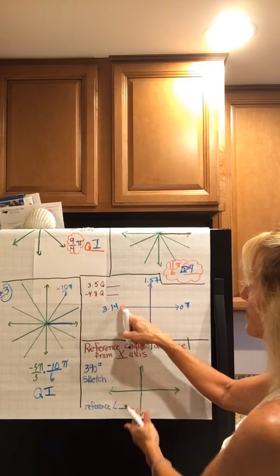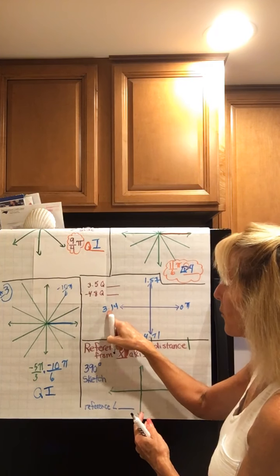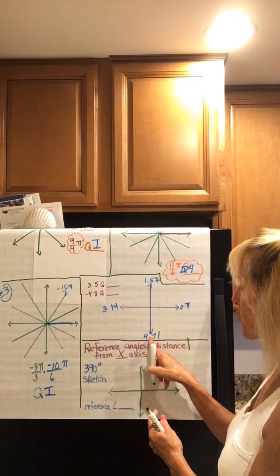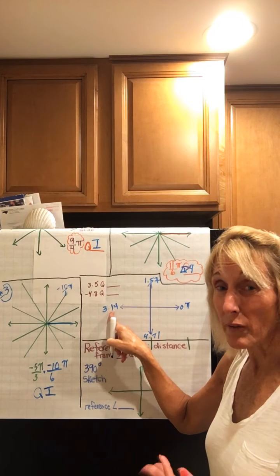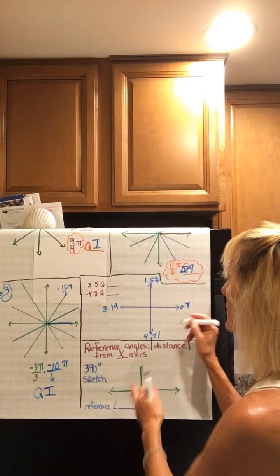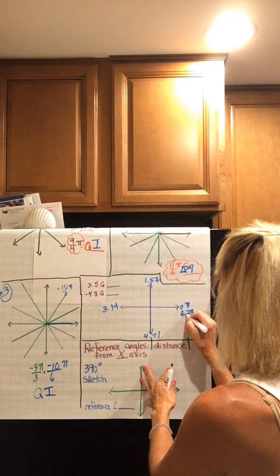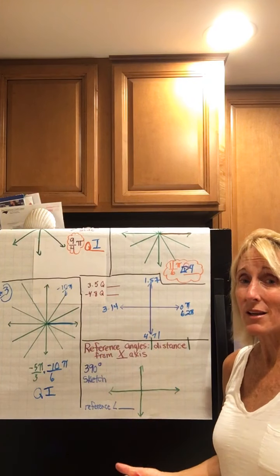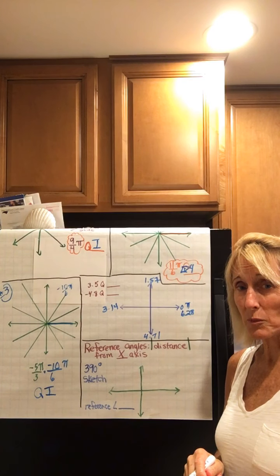So what I did is I cut 3.14 in half, 1.57. So I'm going to add 1.57 to this, that's 4.71. And then I'll double 3.14, you know, that's pi. Double that and you get 6.28. So all I'm doing is writing pi as a decimal. So when you see numbers like this, it's writing pi as a decimal.